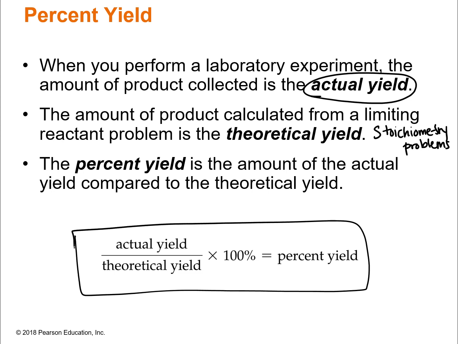You've got the ratio of the actual yield over the theoretical times 100%. The actual yield will always be told to you because it's experimental. The theoretical yield, you may be told, but you may also have to do some kind of a stoichiometry problem to figure out the theoretical yield and then calculate the percent yield.